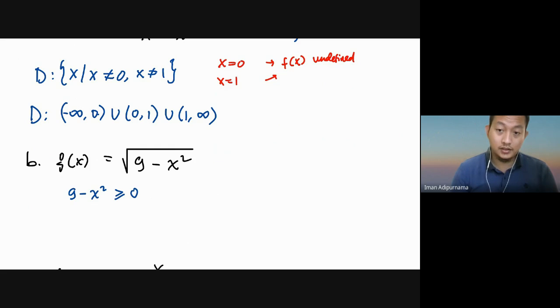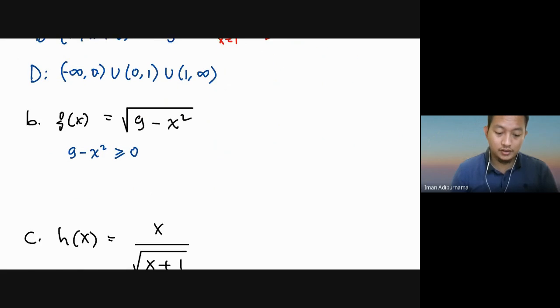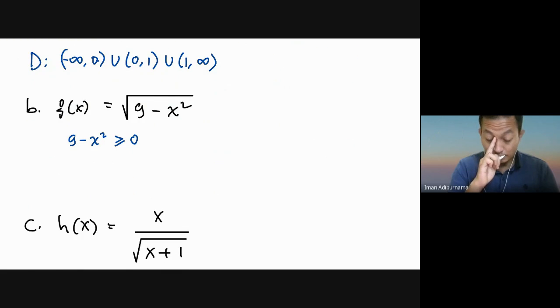And then you need to solve this inequality. If you don't really know what to do, you can just make it in terms of an equal sign, and you will get that this will be plus minus 3, right?